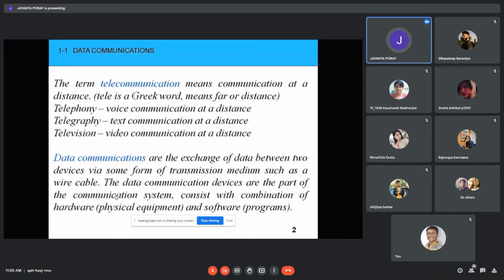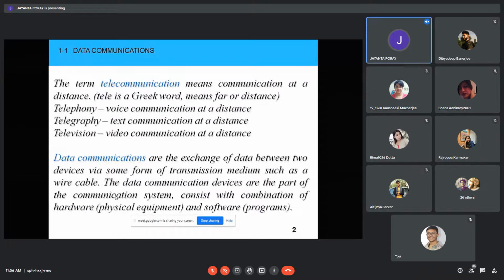Packet switching means the data or information I want to exchange is split or combined in the form of packets, and then I facilitate the transmission.